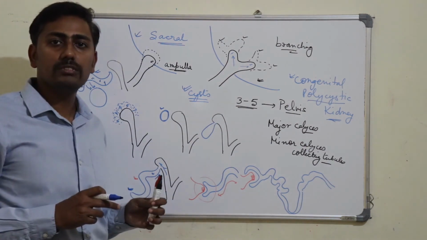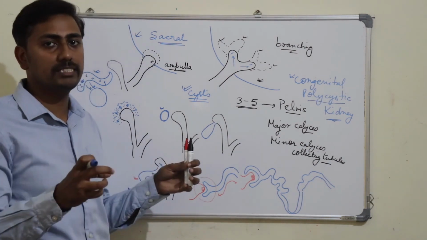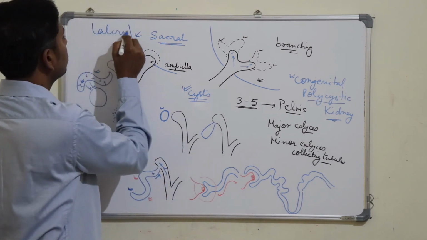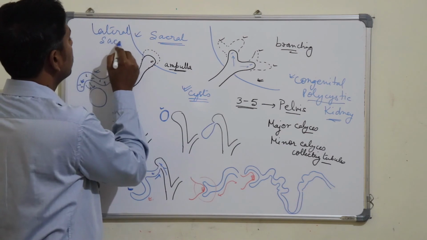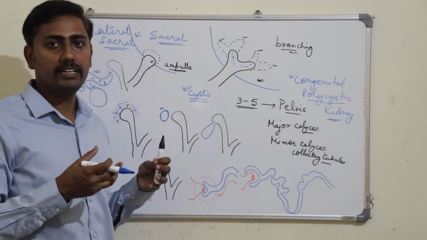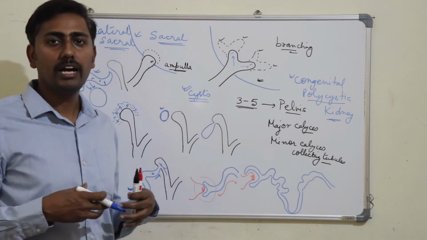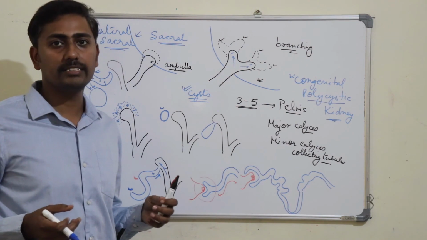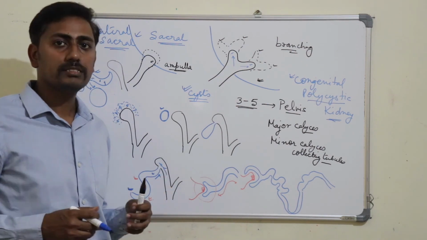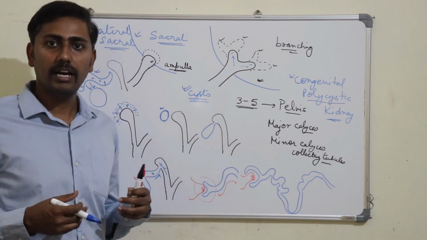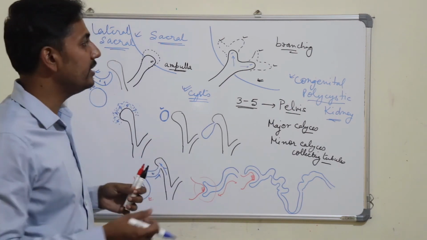The metanephros was initially taking blood supply from the lateral sacral arteries. But with the ascent of the kidney, higher branches of the abdominal aorta will take over, that is the renal arteries in the lumbar region. Sometimes these lateral sacral branches remain and they are known as aberrant renal arteries.